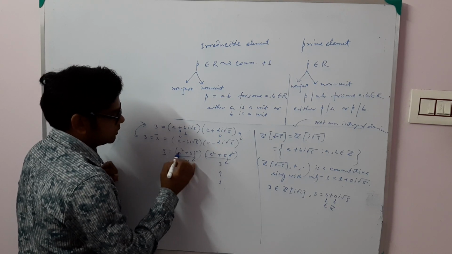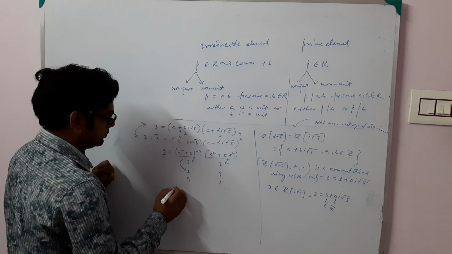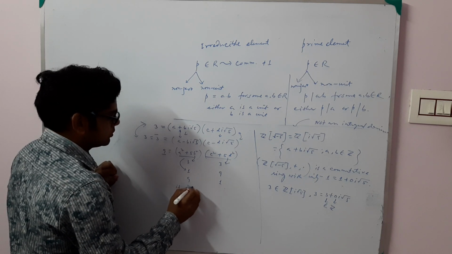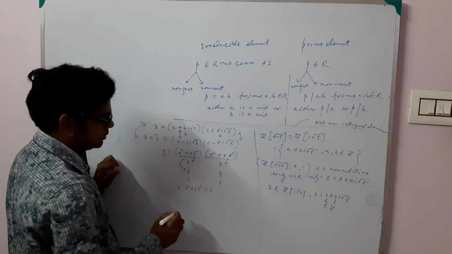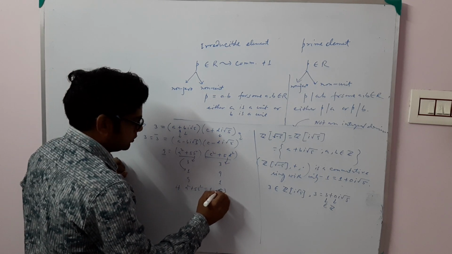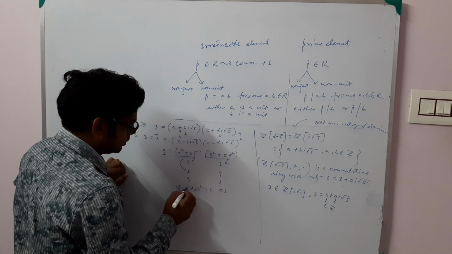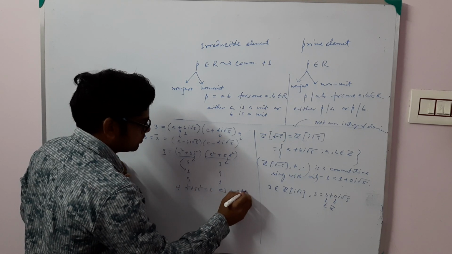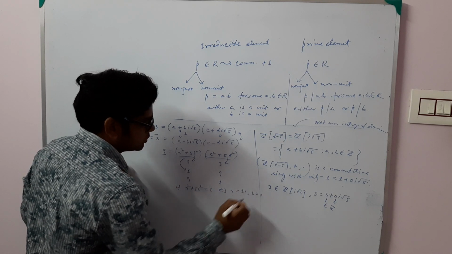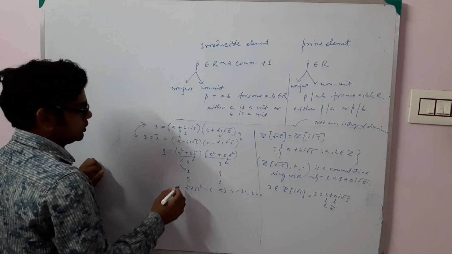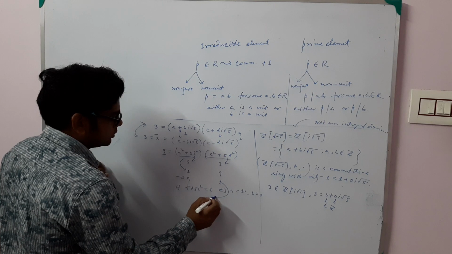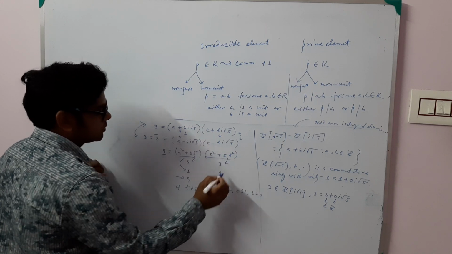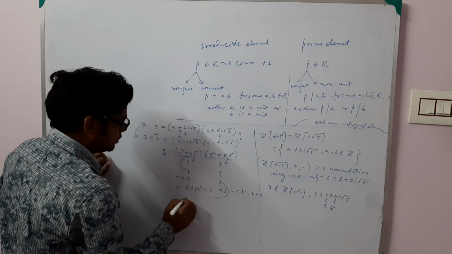If this integer is 1, if a square plus 5b square is 1, then this is possible if and only if a is plus minus 1 and b is 0. If we consider this possibility, then c square plus 5d square is 1.